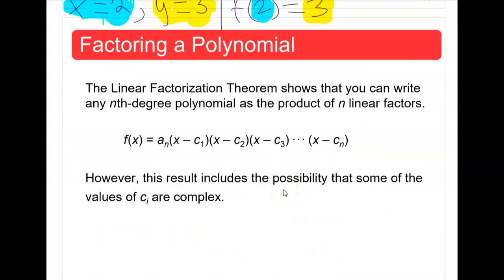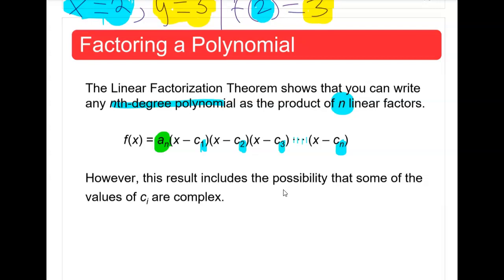So to factor a polynomial, the linear factorization theorem shows that you can write any nth degree polynomial as the product of n linear factors. So that's why in here, again, we have the constant a sub n. And here the reason we have n factors is because the last one has that constant with the subscript of n. So we start with the first constant, second constant, third. We don't know how many are in between, but we know the last one will be the nth constant.